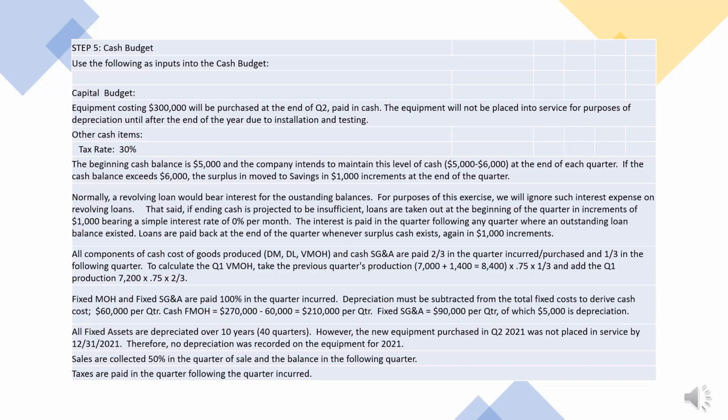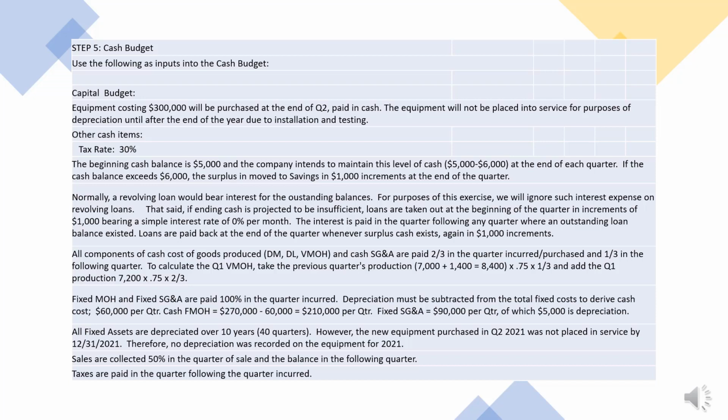All components of cash cost of goods produced, that is direct materials, direct labor, variable manufacturing overhead, and cash SG&A are paid 2/3 in the quarter incurred or purchased and 1/3 in the following quarter.